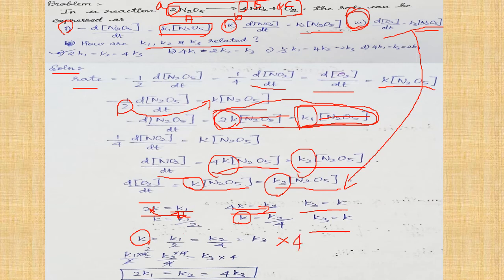When we multiply by 4, this will get cancelled and we get 2K1. When we multiply K2 with 4, this will get cancelled and we get 2K2. And when we multiply K3 with 4, we get 4K3. This is the answer we finally got, and we have this answer in option A. So option A is the correct one. Very simple.